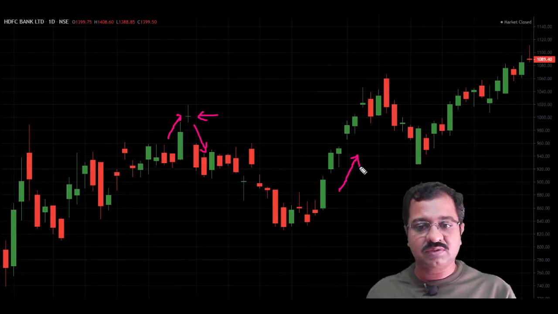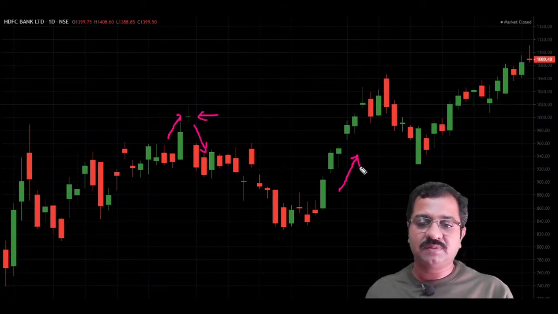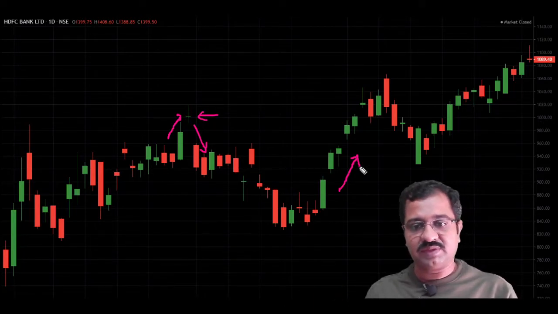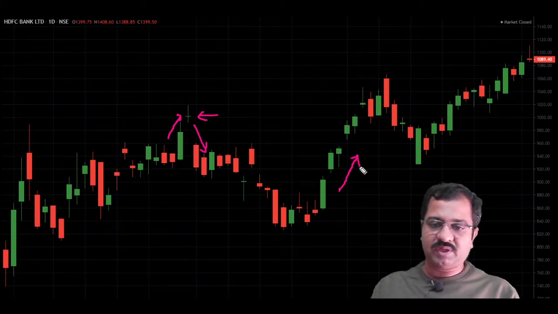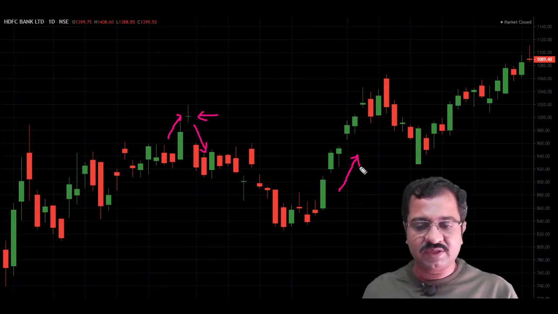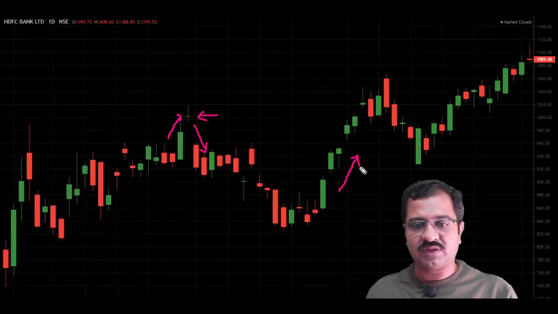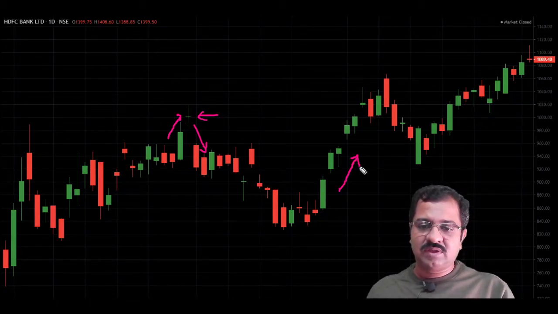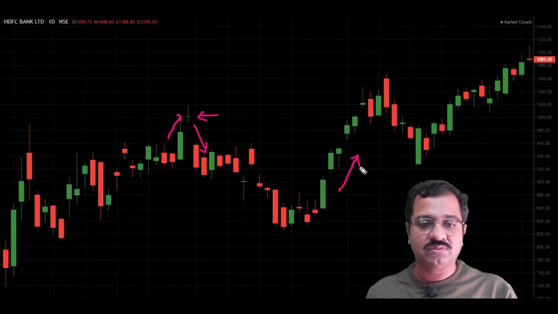If an indecisive candle or doji candle forms, what is the meaning of this doji candle? That now sellers are coming in, because sellers think that prices have gone up and from here prices should reverse. People think that it is costly now, and selling will start. So when selling starts, sellers are trying to push price down, right?